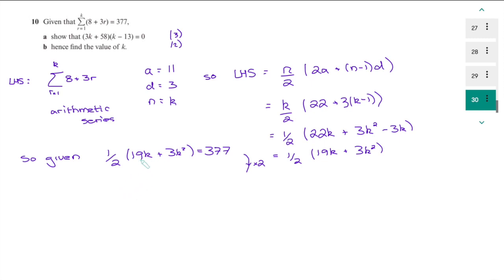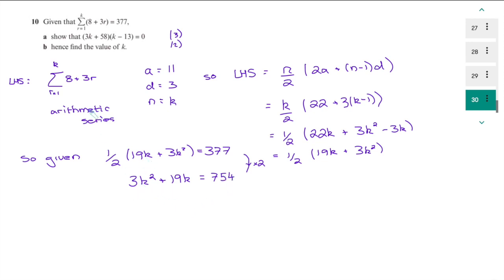So what I'm going to do here is rearrange this, and say 3k squared plus 19k, just because we normally do the squared terms first and come lower in order. Equals, I'm hoping you can work out 2 times 377, but don't worry, you have got your calculator. So this is 754.